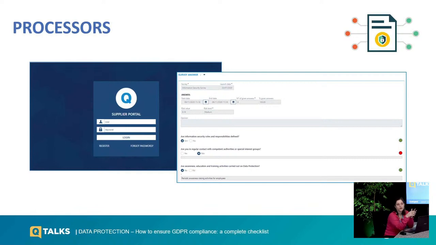And also the system helps you keep track of those contracts, make sure that you have valid contracts and privacy agreements with all the suppliers and with all the processors that are processing your data subjects information.